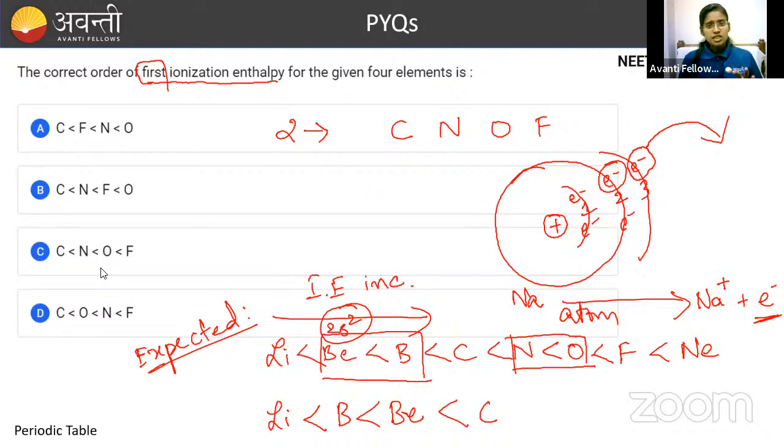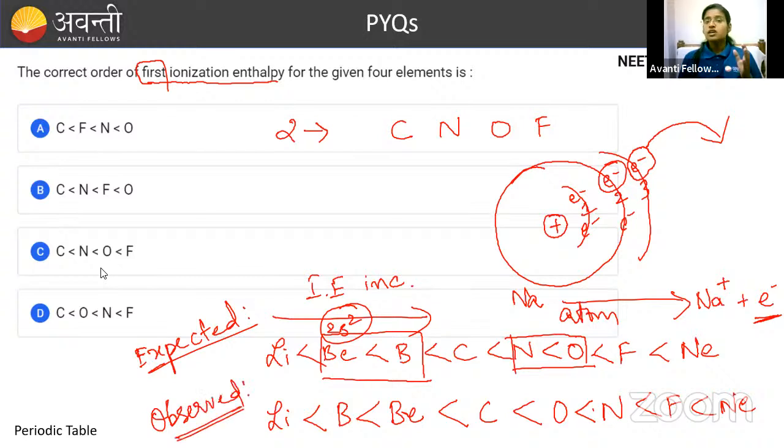Half filled configurations are more stable than partially filled ones, so the energy required to remove the electron from nitrogen will be more than oxygen. So nitrogen is more than oxygen, then fluorine, then neon. This is the observed order for ionization energy of the second period elements.